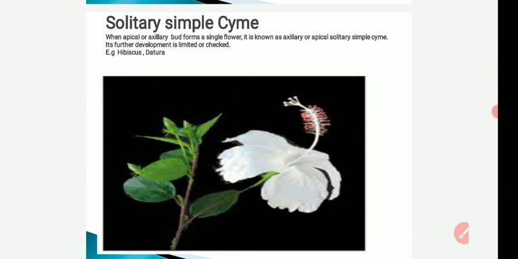This is called a solitary simple flower. Or when the apical or axillary bud forms a single flower, it is known as axillary or apical solitary simple cyme. Its further development is limited or checked, and the inflorescence is always bracteate, and the example is hibiscus.